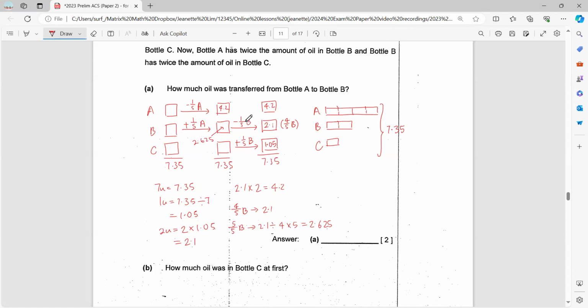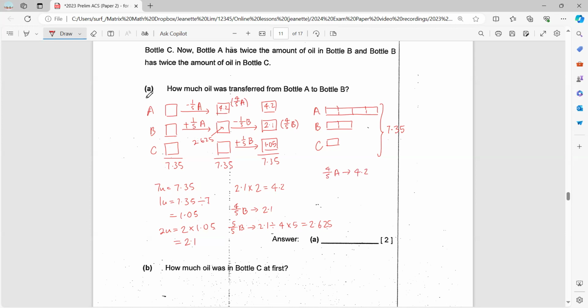Now, let's not find C first, because they're asking how much oil was transferred from A to B. So actually we can already work backwards. We can use A, because the change over here is talking about A. So this is actually 4/5 of A. So 4/5 of A is 4.2.